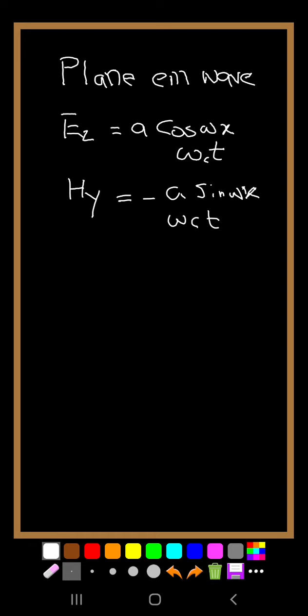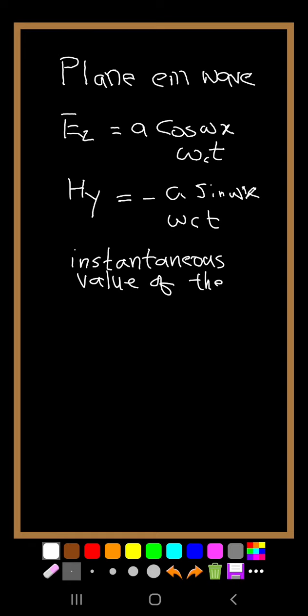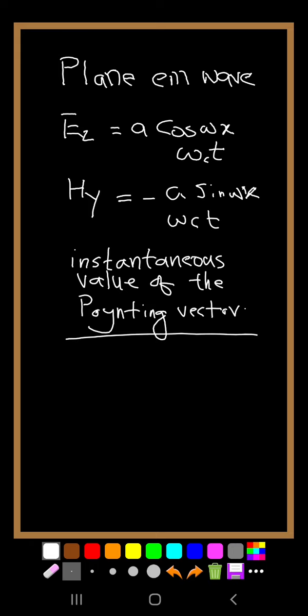So we need to find out the instantaneous value of the pointing vector. This is to find it out.